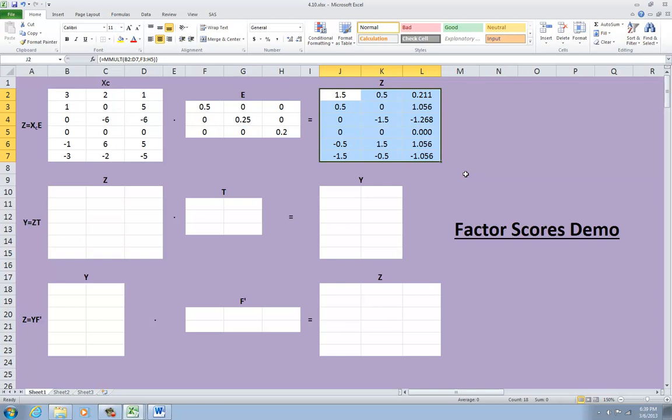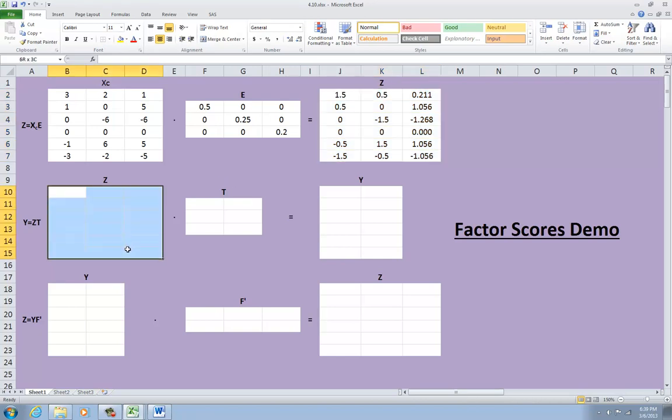Now the matrix of factor scores Y, which we're going to do next, may now be calculated by the equation Y equals Z times T, as the matrix product of the Z matrix and the T matrix. The entries in the Y matrix are the latent variable scores, and the entries in the Z matrix are the manifest variable scores within the two-factor space.